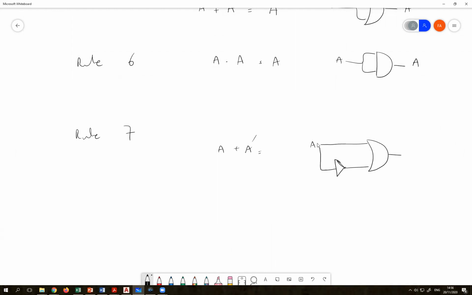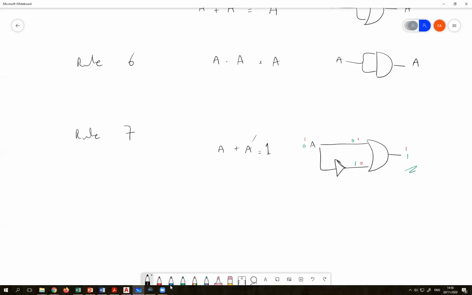So look, guys, if A is 1, for example, here is 1, here will be 0. 1 or 0 will be 1. If A is 0, here will be 0, and if you invert it using the NOT gate, you get 1. So 0 or 1 is 1. As you see here, the output of this is always 1. So A or not A is always 1.